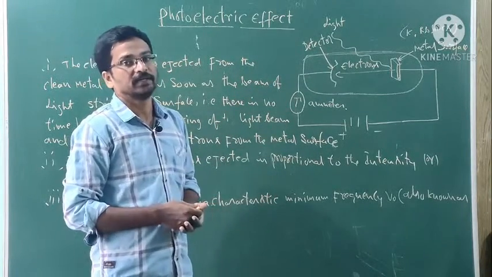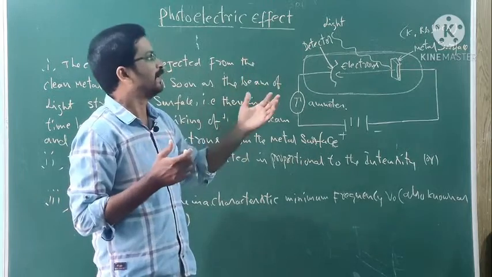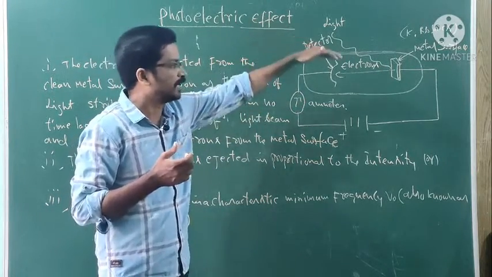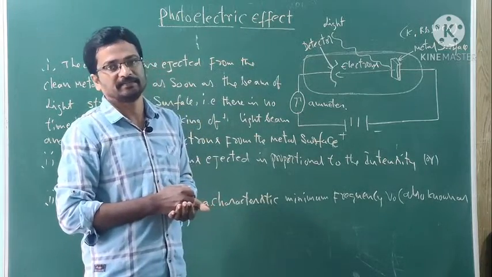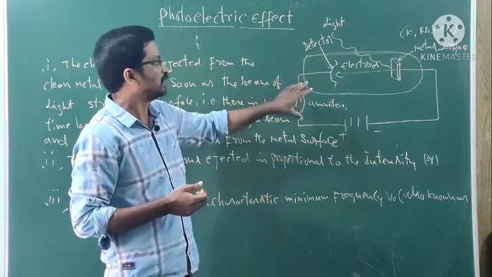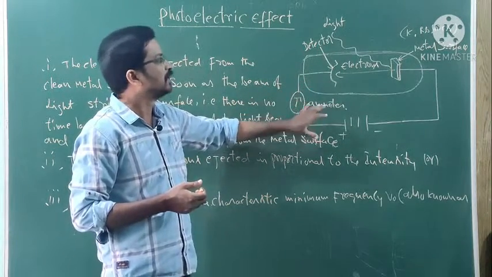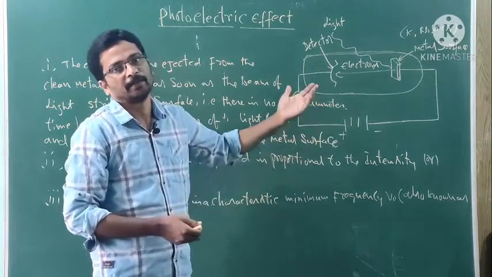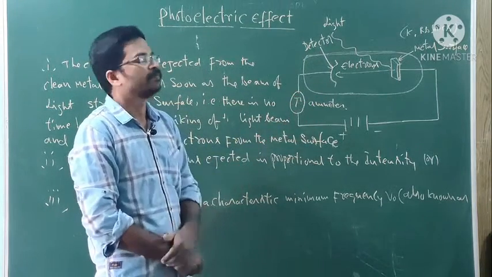This is the way he can observe that active metals eject electrons whenever light falls on a particular metal. This is known as the photoelectric effect. He observed it with this type of practical arrangement.